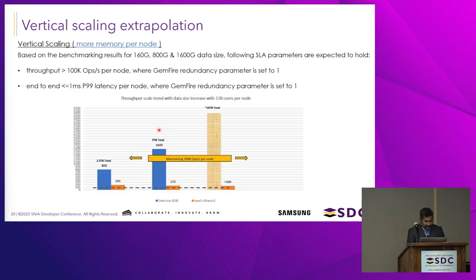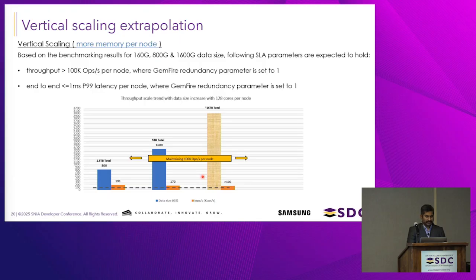We have tried a total of 5 TB, and in fact, as we speak, we are trying a 10 TB setup also. We have seen that it is still able to maintain 100k ops per second as the throughput.